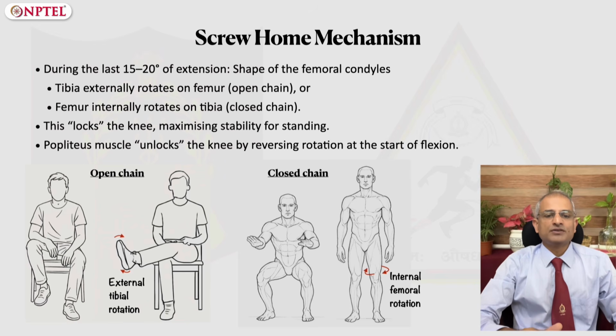During the final phase of extension, the tibia externally rotates in an open chain extension, that is, when the foot is not planted on the ground, that is, it is in the air, or the femur internally rotates during this extension when the foot is planted on the ground.